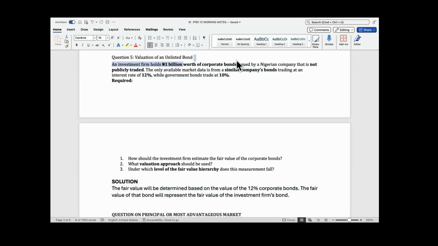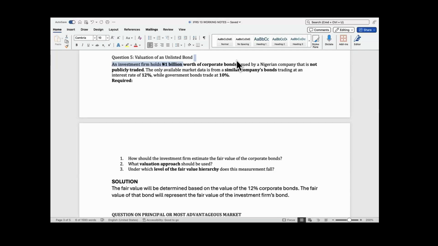A practical example is on FMDQ. There are corporate bonds that are quoted on FMDQ. They are actually quoted, people trade them, they are actually traded securities.